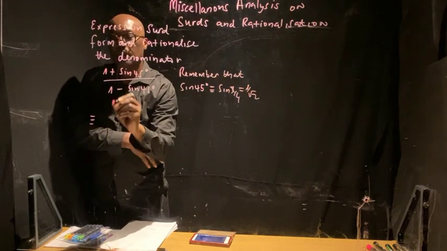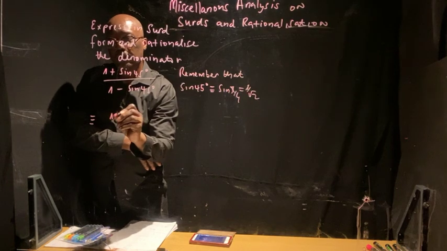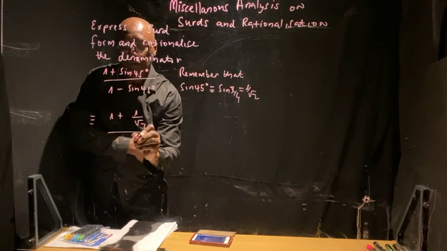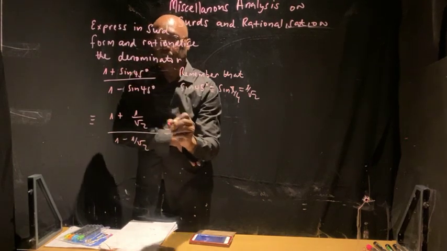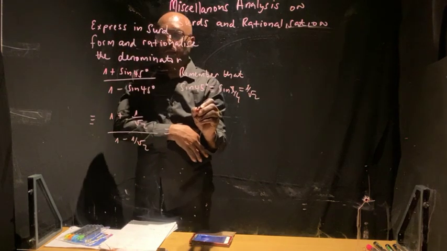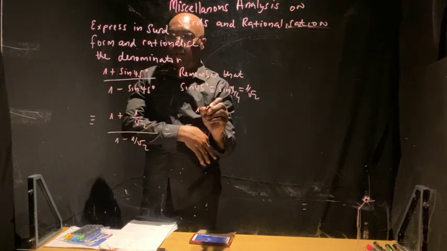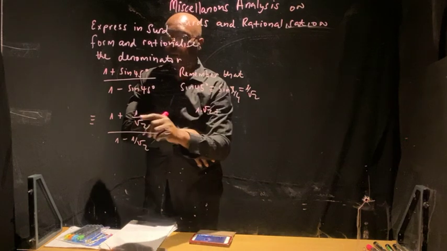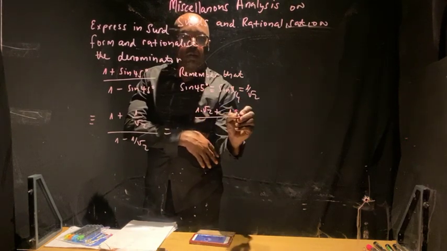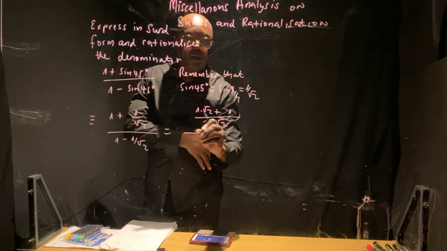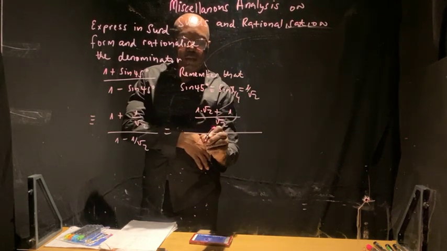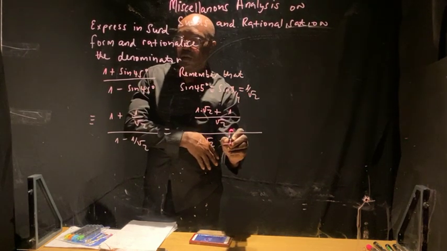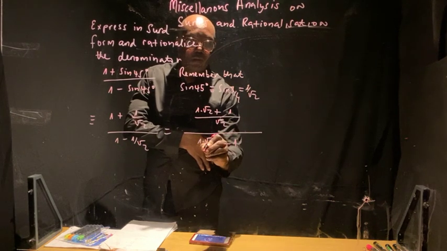In that vein, this expression above becomes 1 plus 1 over root 2 over 1 minus 1 over root 2, which is no different from, if you cross multiply, 1 multiplied by root 2 plus 1 all over root 2, then a big denominator, which is 1 multiplied by root 2 minus 1 over root 2.